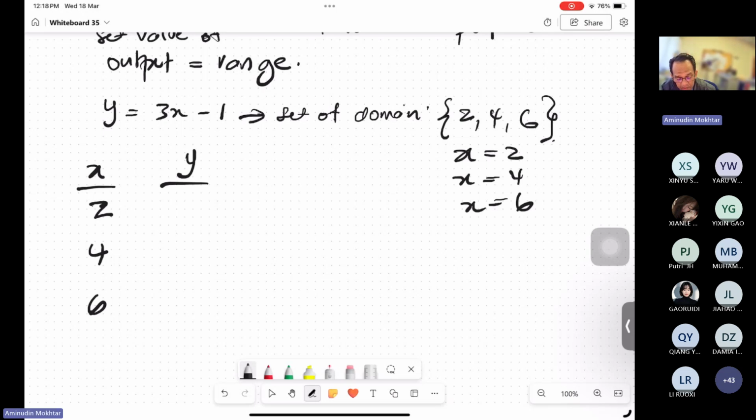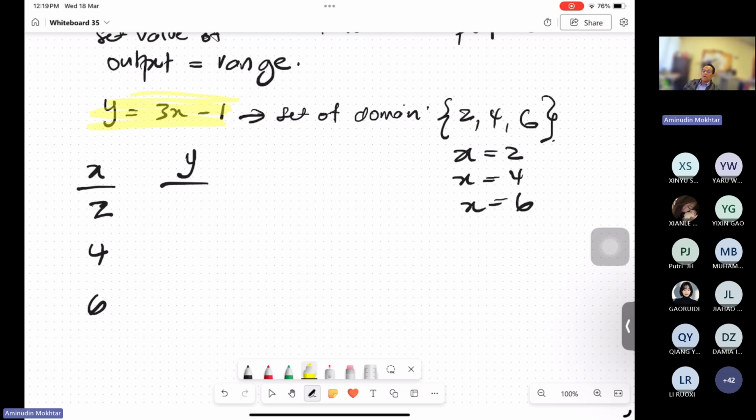Now, what is the value of y? How to find y? We need to know the relationship between y and x. Y equal to 3x minus 1.